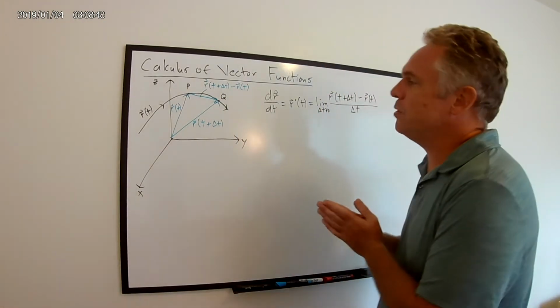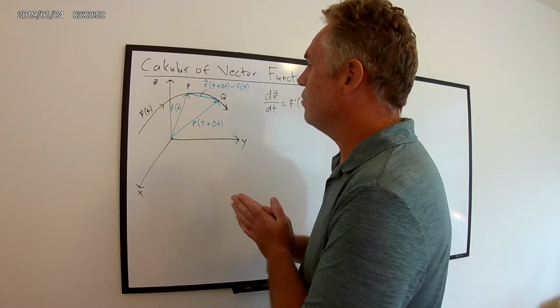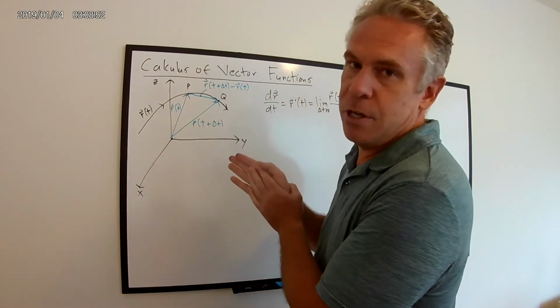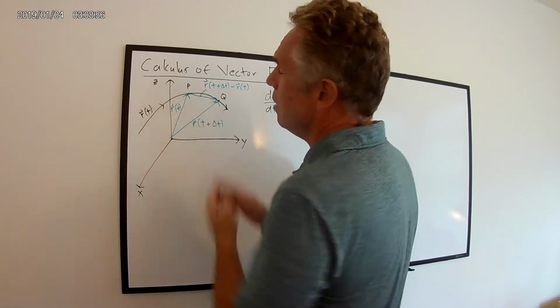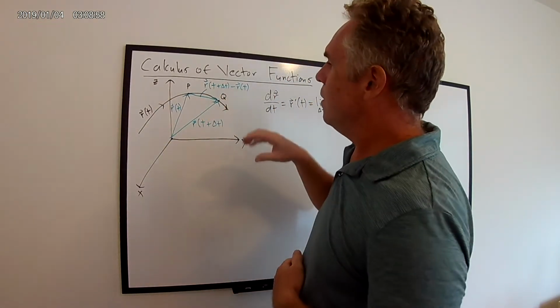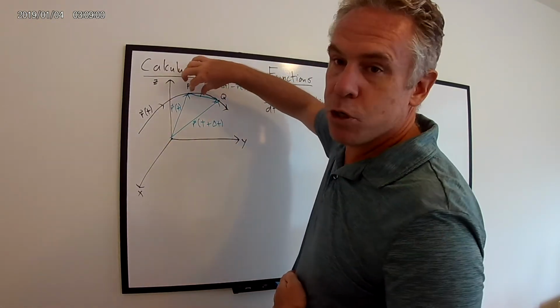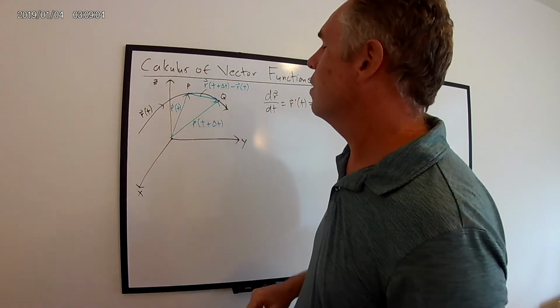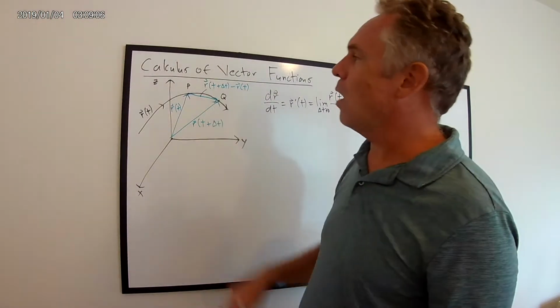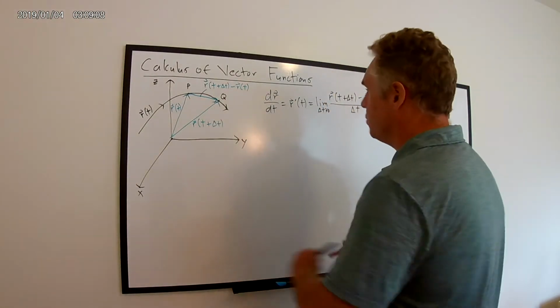Okay, and what happens here as delta t becomes small? As the interval delta t shrinks to 0, this point Q approaches point P. This secant vector becomes shorter and shorter, but this vector also becomes the tangent vector to the space curve r of t at point P. So let's write that down.